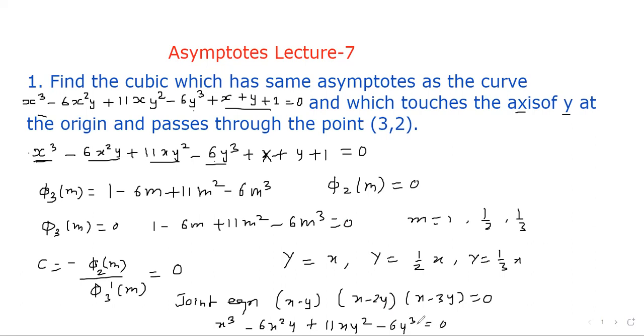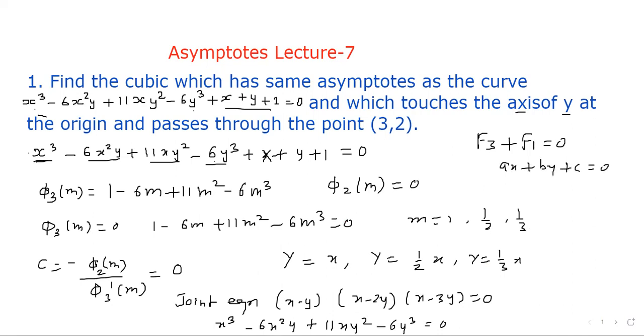Now we have to find out a cubic. So here, since the given curve is of the form of third power and first power terms, the cubic will also be of the same form. So let's write the cubic as f3 plus f1 equal to 0, and f1 can be taken as ax plus by plus c equal to 0.